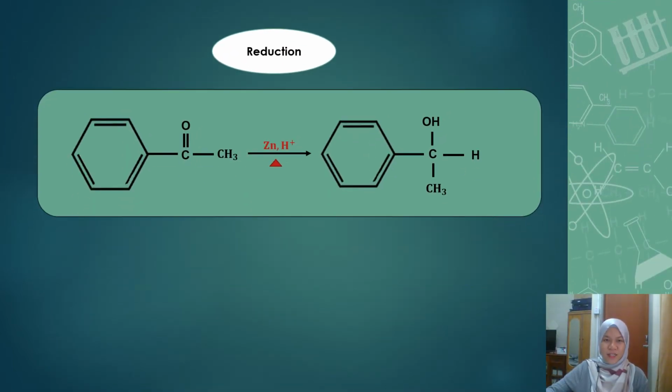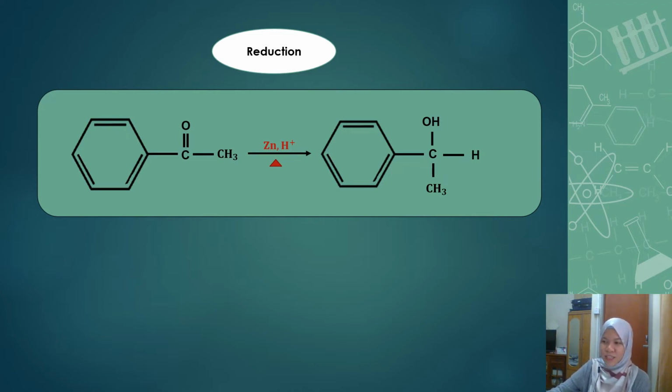Okay, so let's proceed to the next reaction, which is reduction. In the question, it's already said that compound X will undergo reduction to become 1-phenyl ethanol. Aldehydes and ketones can be reduced to primary and secondary alcohols. Aldehyde will be reduced to primary alcohol while ketone will be reduced to secondary alcohol.